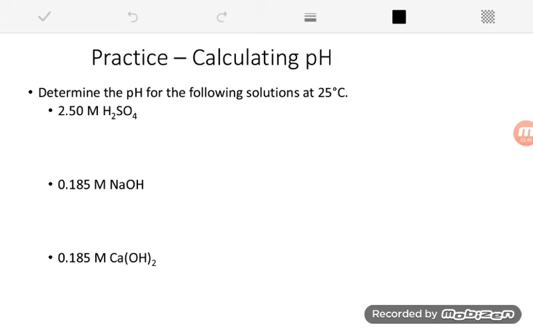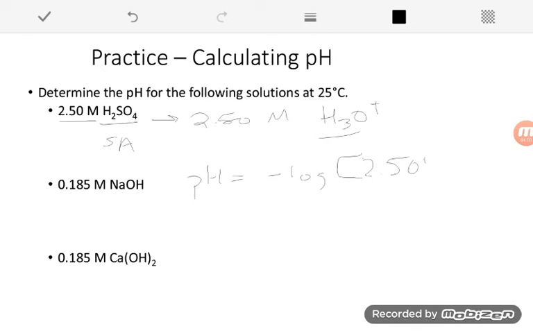So, 2.50 molar H2SO4. First thing we do is look at this and say, okay, that is a strong acid, which means that all of that strong acid is going to be converted into 2.50 molar H3O+. Now that I know how much H3O+, really easy, the pH is just the negative log of that H3O+ concentration, so that 2.50.